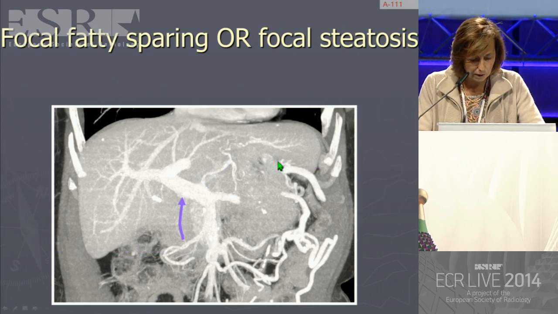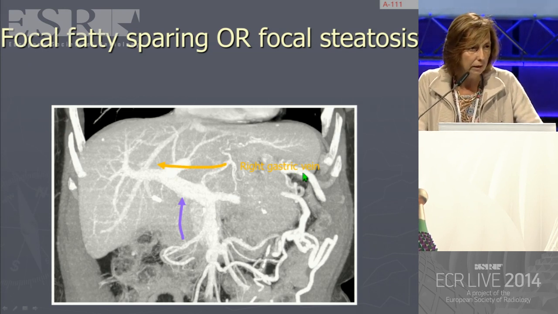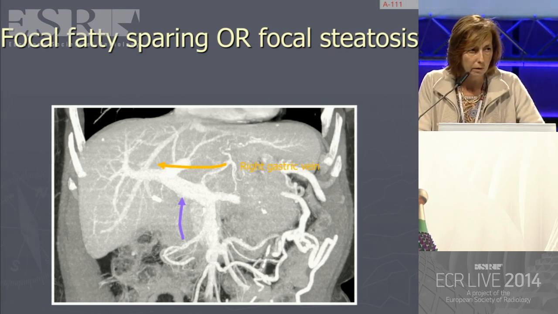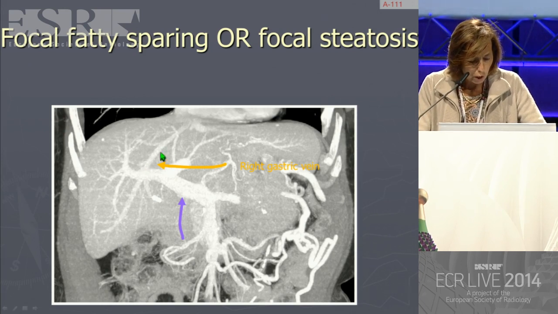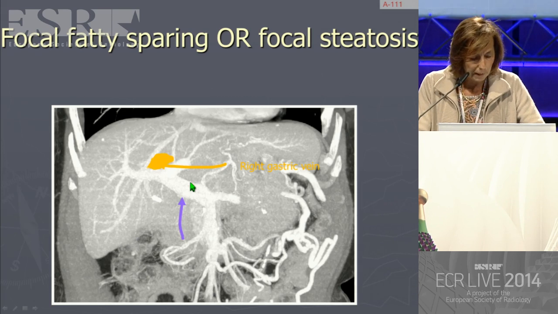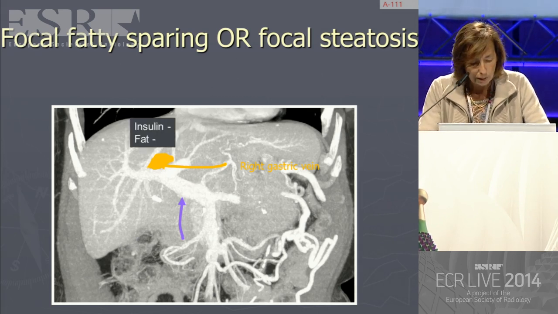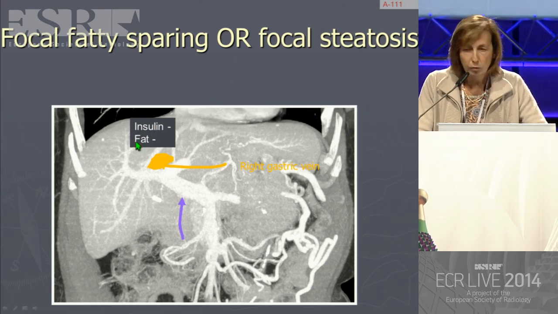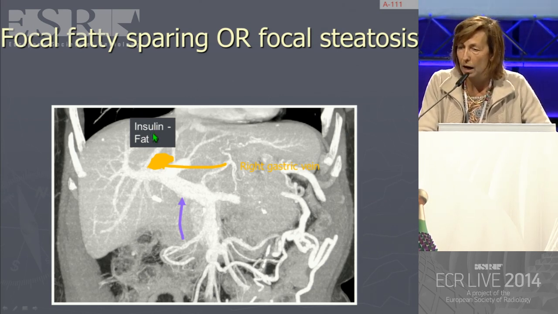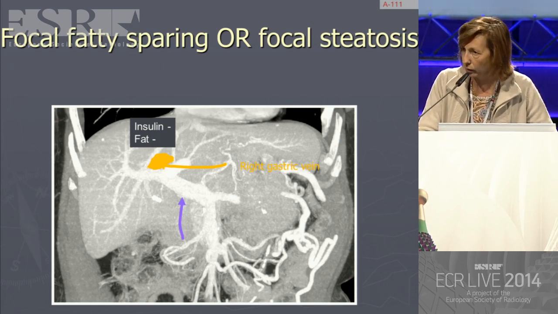Let me take an example. In this case, the right gastric vein drains directly in the liver, and this is quite common. So, some portion of liver will be supplied by insulin-poor blood, and therefore there will be very little fat within the liver, because you know that a high content of insulin within the liver always gives steatosis and the reverse.